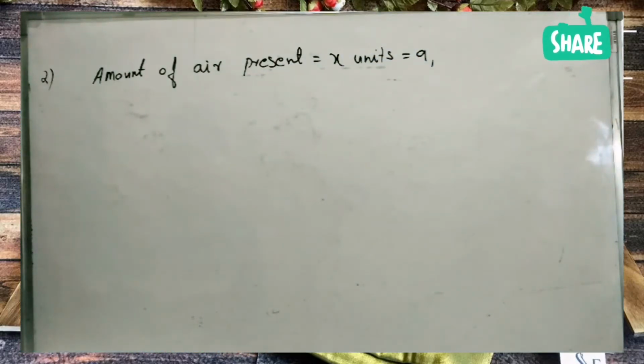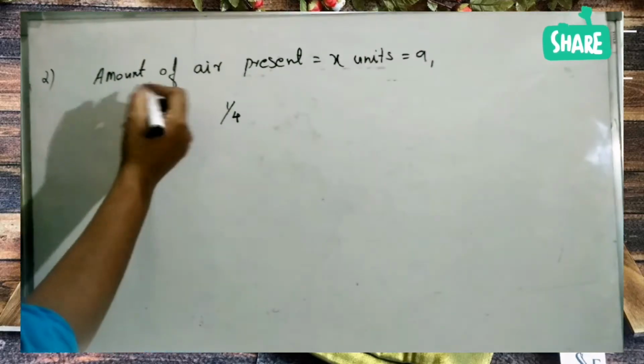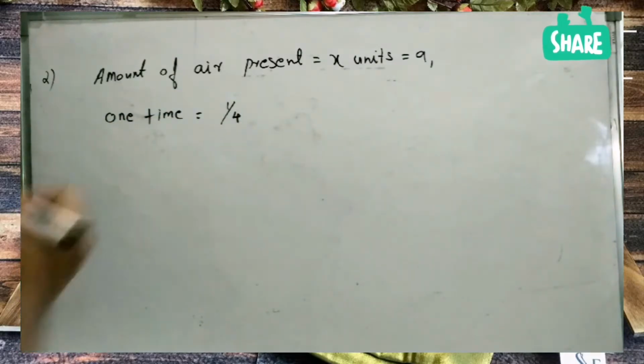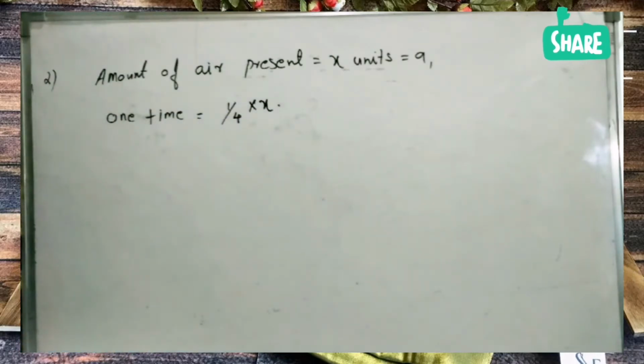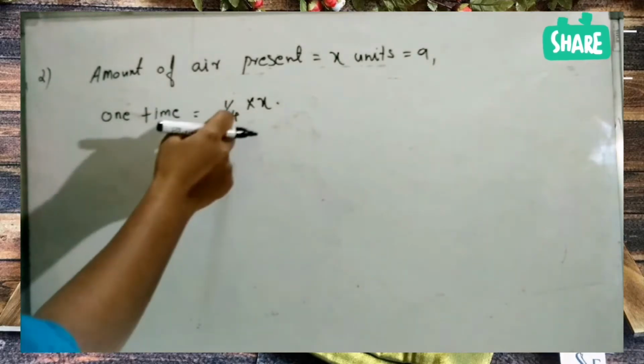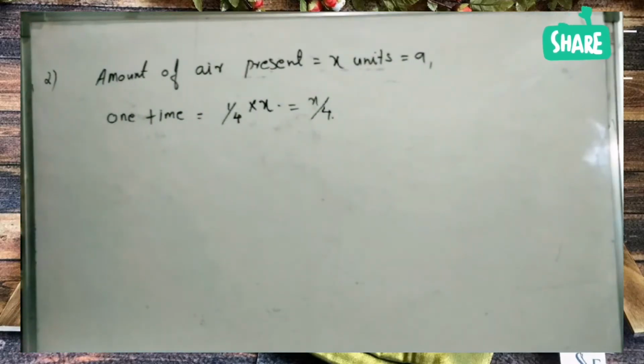Now it is given that one-time removal of air by the vacuum pump is 1/4 of the air present in the cylinder. We have x units of air in that cylinder, and in one removal, x/4 air will be removed.